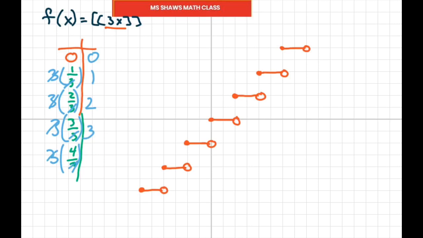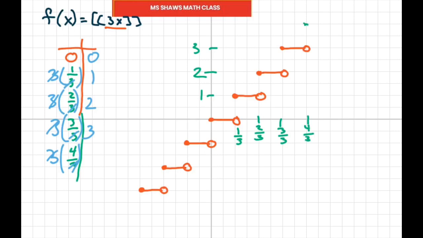So when you're labeling your graph, you already have the graph drawn, and all you have to do is label the graph appropriately. 1/3 maps to 1, 2/3 maps to 2, 3/3, which is actually 1, maps to 3. And then you can go 4/3.